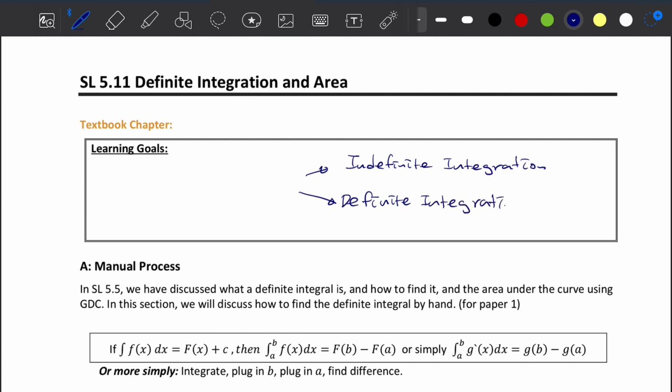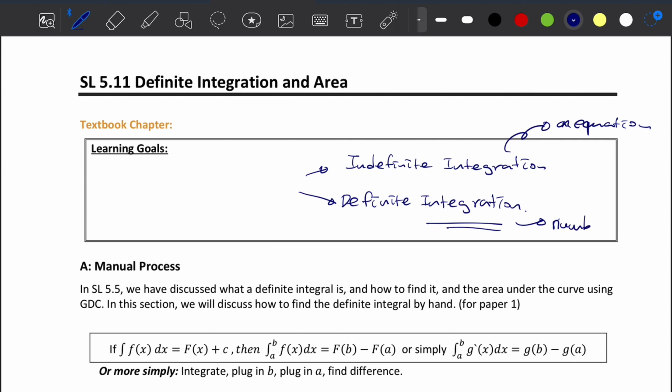When you think about indefinite integration, or the integration that we did prior to this section, we always end up with an equation, right? But with definite integration, we will always end up with a number.